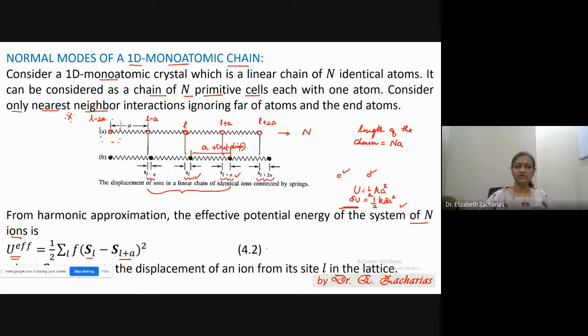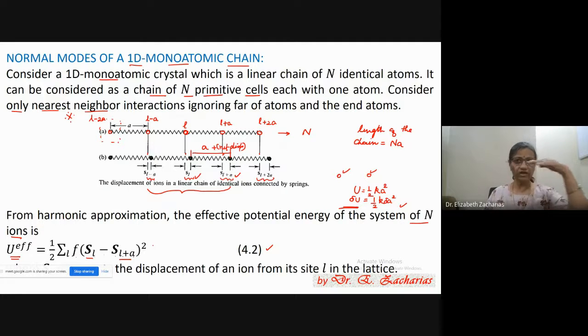I hope this equation is clear to you. First I write for one pair, L and L plus A. Individually look at the displacement for each of them from their equilibrium position and talk about the net displacement. Therefore, I am getting an equation for the potential energy of just these two ions as half F into (S_L minus S_(L+A)) whole square.